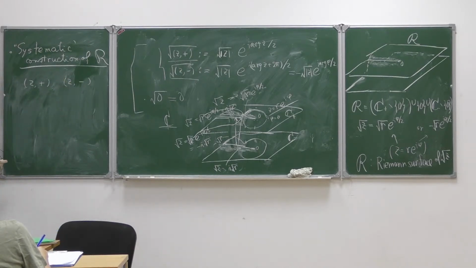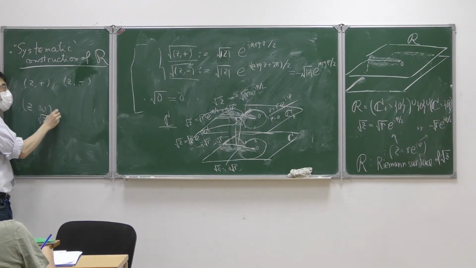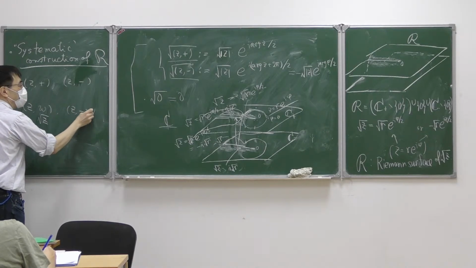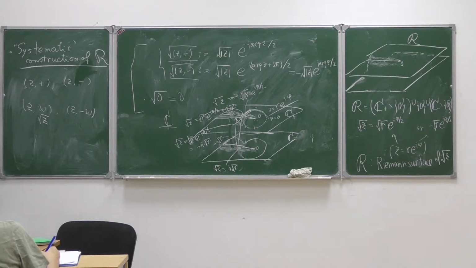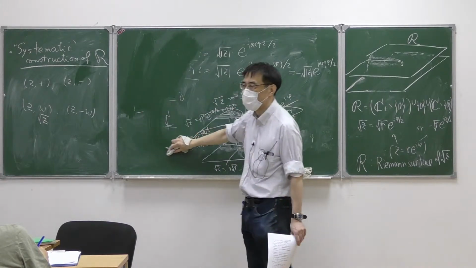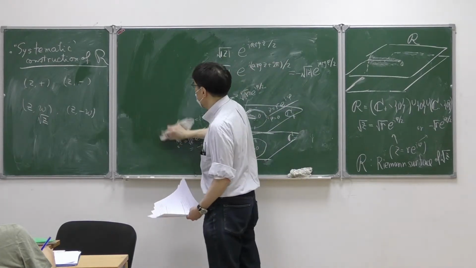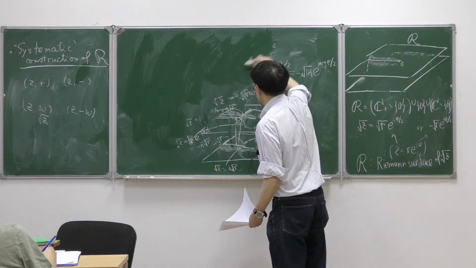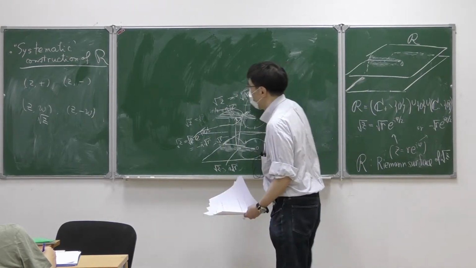As I told you, we need this plus and minus to distinguish two possible values of square root. Then why not use square root itself? Okay, it's a bit tautological definition, but reasonable. And actually this is better.